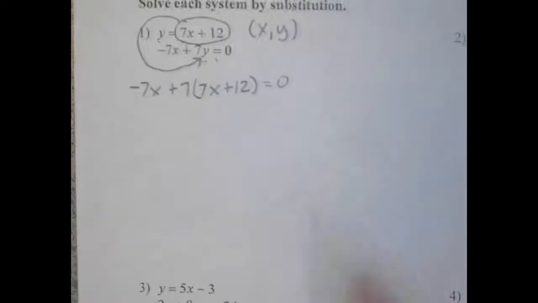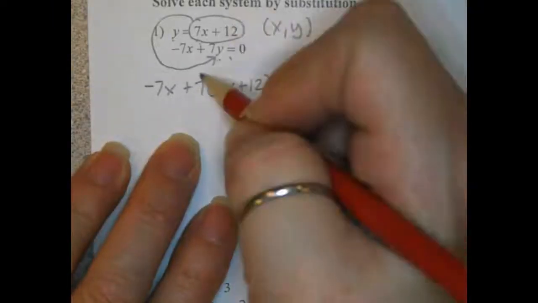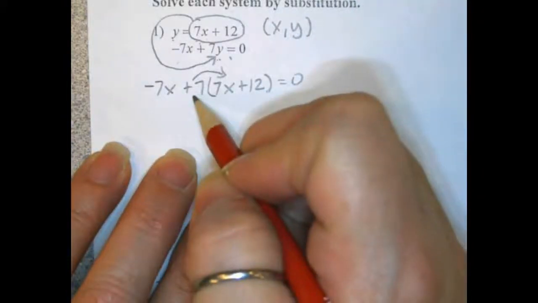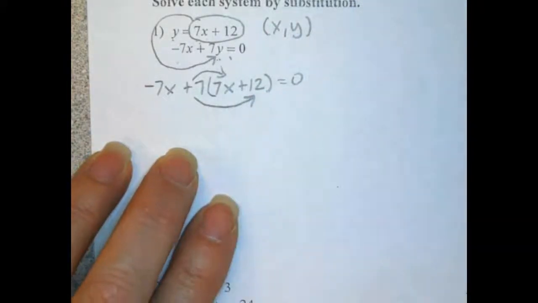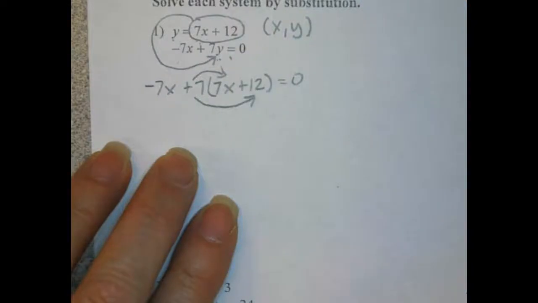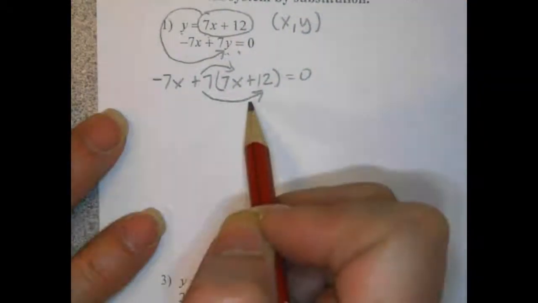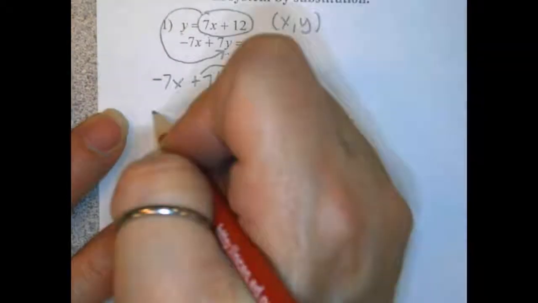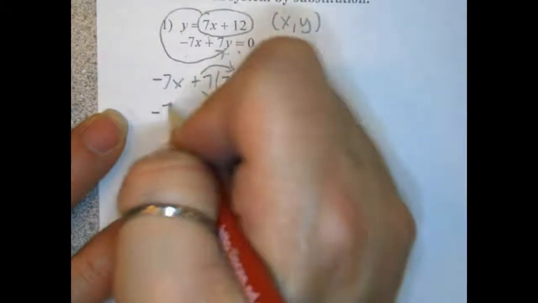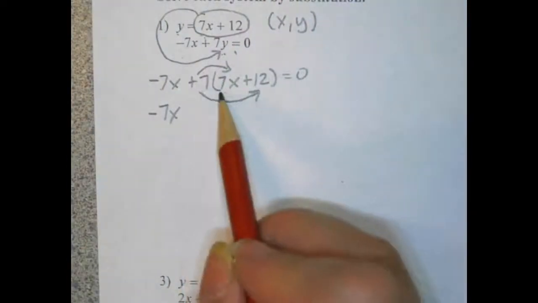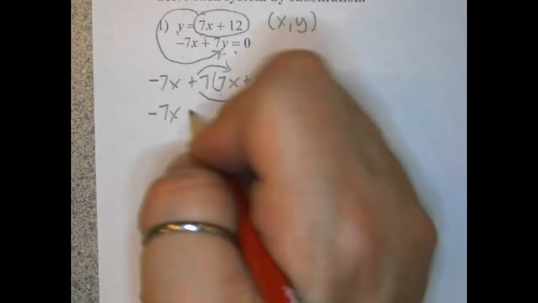I'm going to look at where my parentheses are, and I'm going to multiply 7 times 7x, and positive 7 times 12. Is this negative 7x involved in that distributive property problem? No, so I'm just going to bring down negative 7x. What is 7 times 7x? It's positive 49x, don't forget your x.